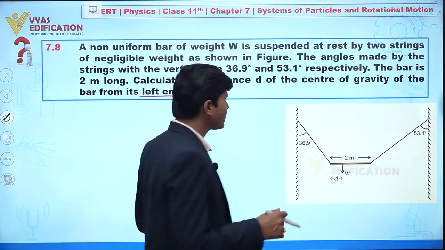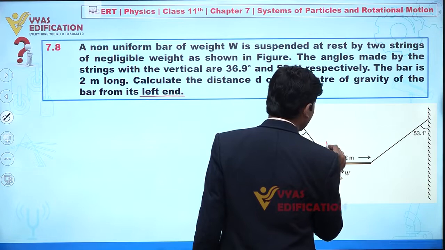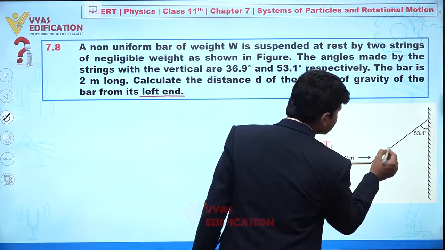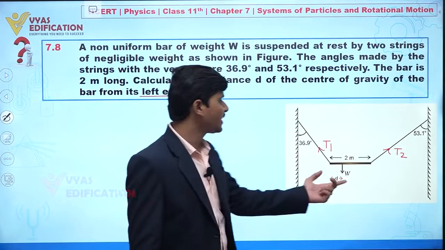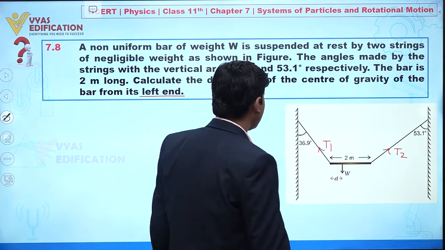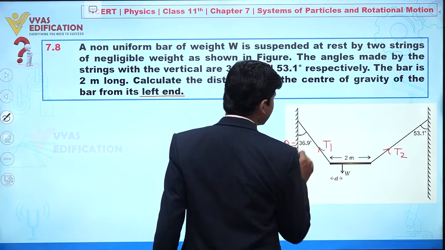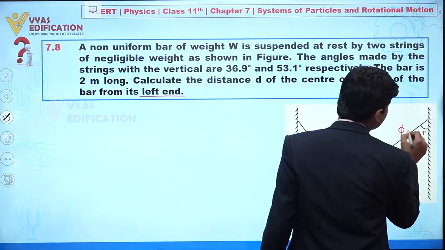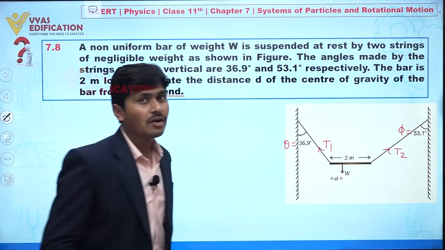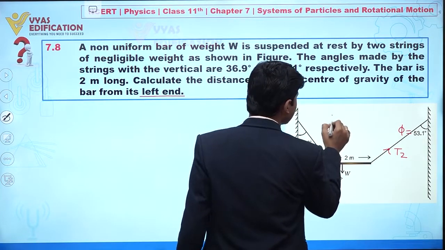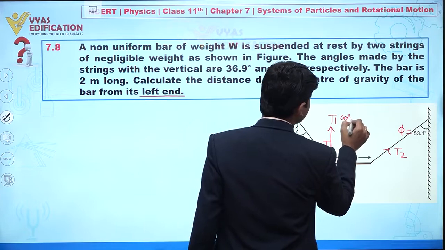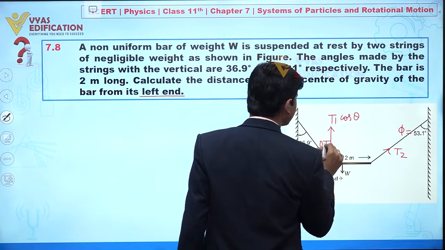Let's suppose tension T1 is acting in this direction, tension T2 is acting in this direction, and here we have a weight W. Now let's suppose this angle is theta and this angle is phi. Clear? Now we can take two components. One component in this direction is T1 cos theta, because this angle is also theta.